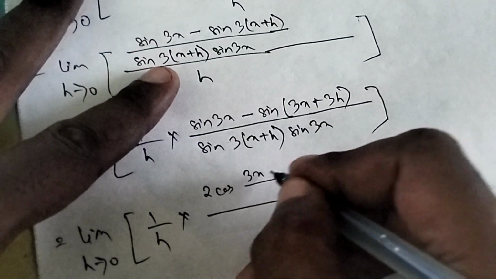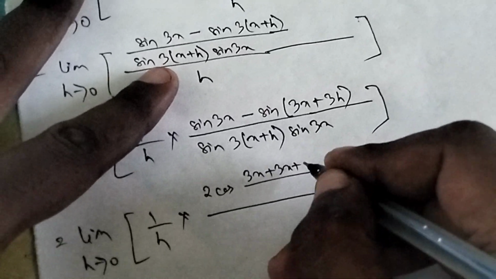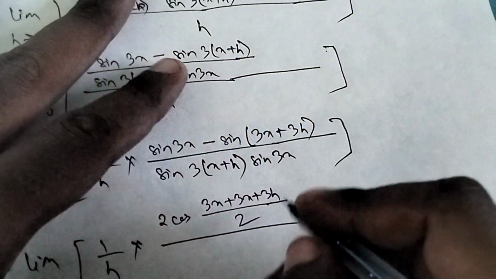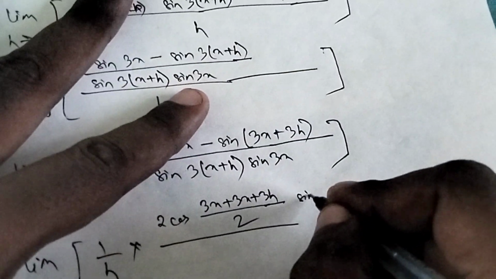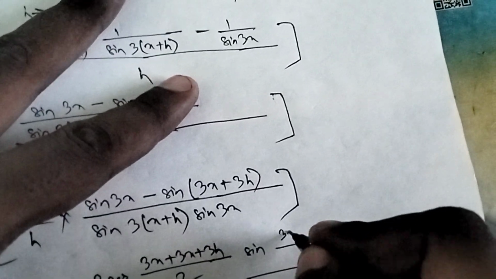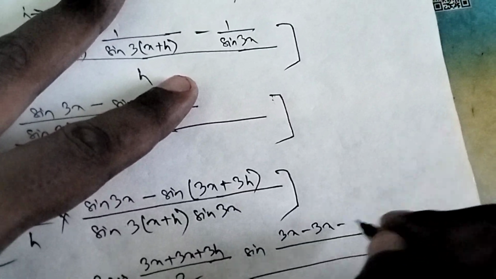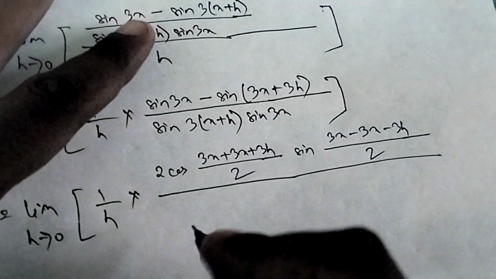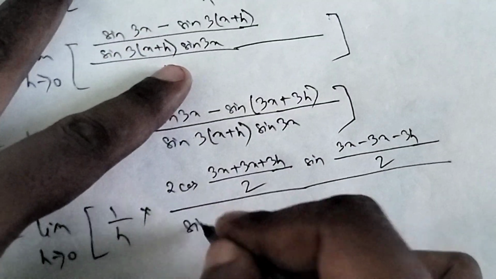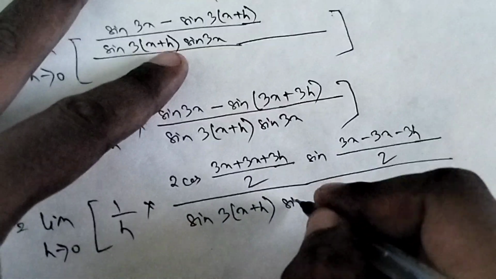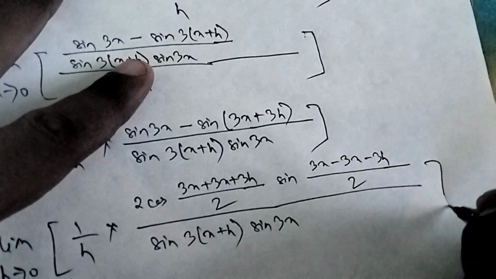That is, 2 cos of (3x plus 3x plus 3h) by 2 into sine of (3x minus 3x minus 3h) by 2, and in the denominator sine 3 into (x plus h) sine 3x.